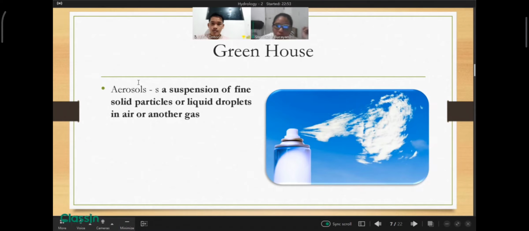So next, aerosols also influence Earth's climate both directly, by scattering and absorbing sunlight, and indirectly, by altering the reflectivity of clouds. In general, aerosols have a cooling effect on climate, which partially counterbalances the heat effect of greenhouse gases.